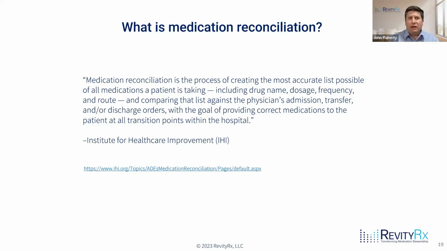So they define med reconciliation as the process of creating the most accurate list possible of all medications a patient is taking, including the drug name, dosage, frequency, and route, and comparing that list against the physician's admission, transfer, and/or discharge orders, with the goal of providing correct medications to the patient at all transition points within the hospital.